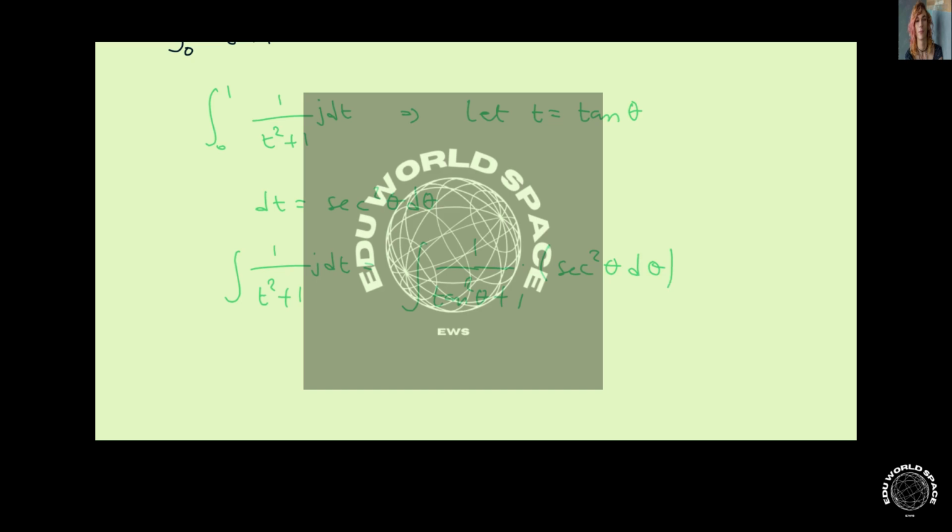So here we have integral sec squared theta d theta all over sec squared theta, because tan squared theta plus 1 equals sec squared theta. And this crosses out, so we would have theta.